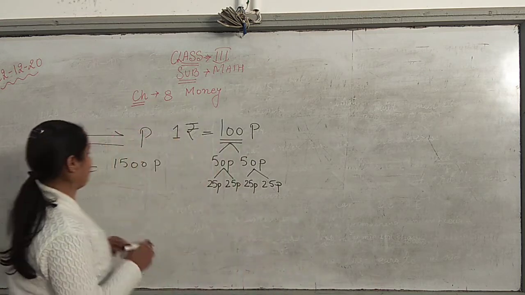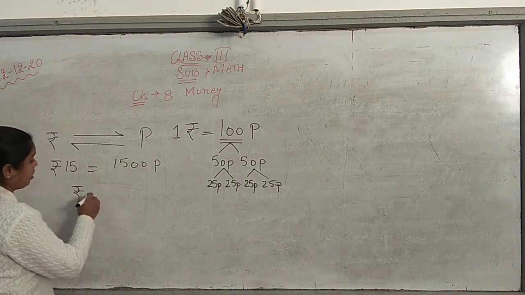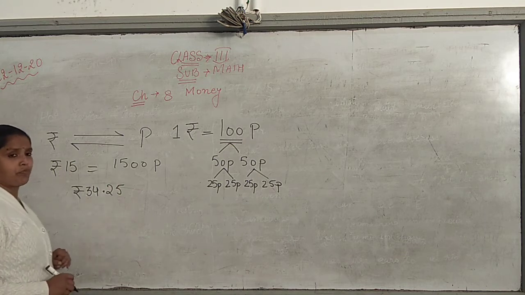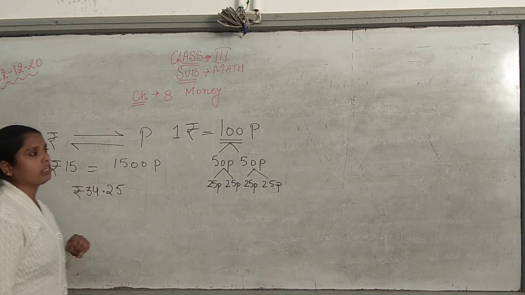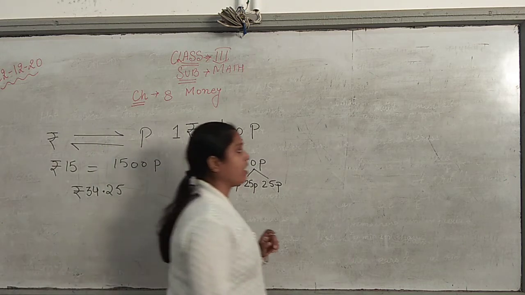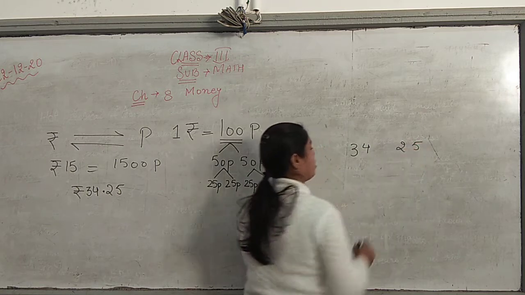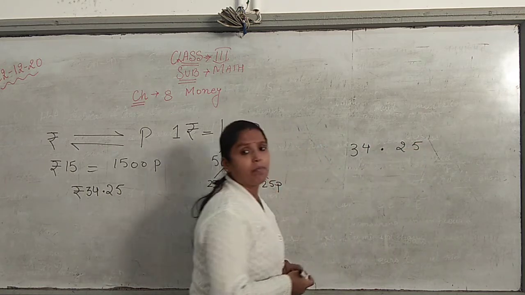Now if you have two things, that is rupees 34 and 25 paise. Children, first of all, let us talk about the number I have written on the board. In this number I have written two parts, 34 and 25. These two parts are separated from each other with a point.